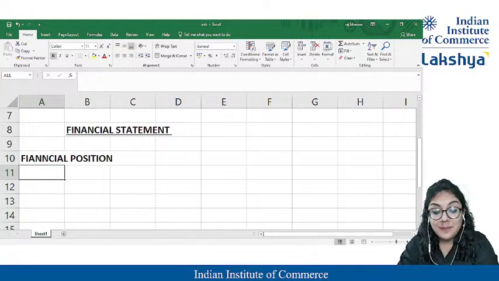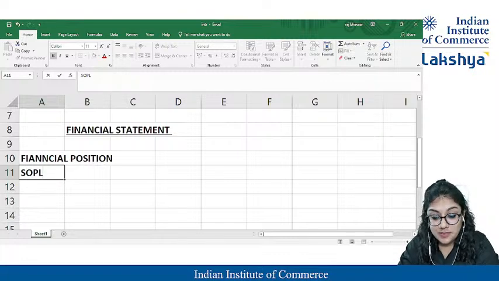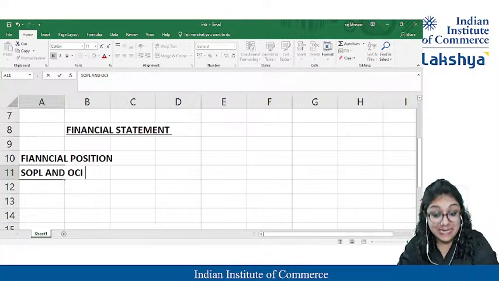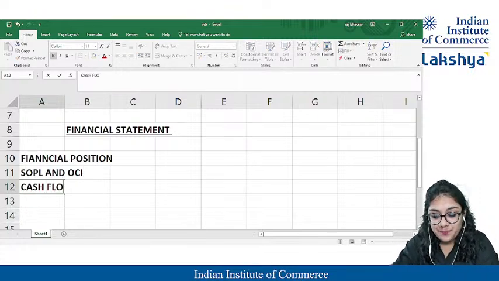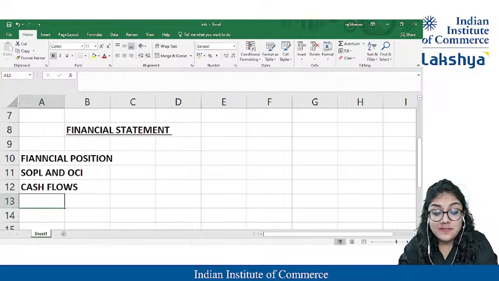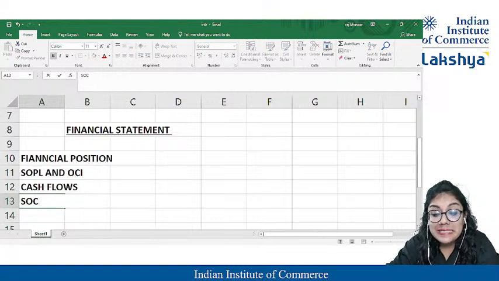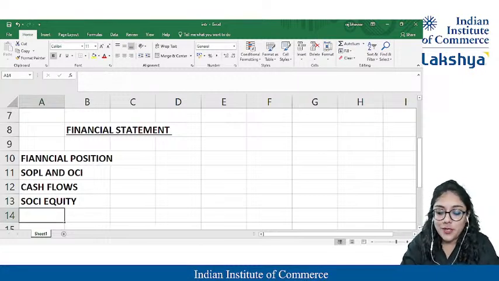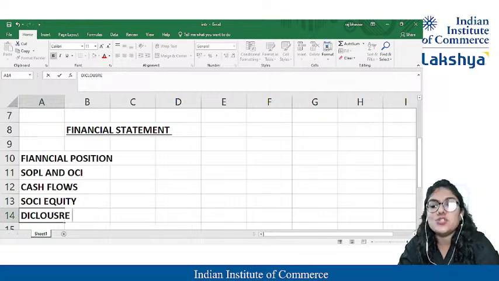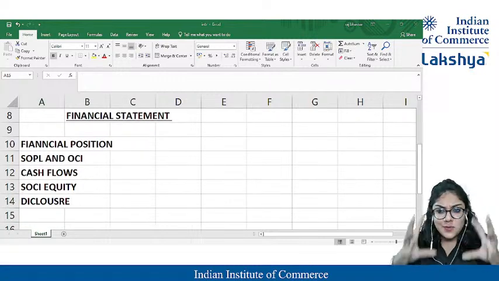Then a statement of profit and loss account and other comprehensive income, that is OCI. Then we do have cash flow statements, and obviously the statement of changes in equity. And then the most important disclosures, that is the notes to accounts. So this is all the set.